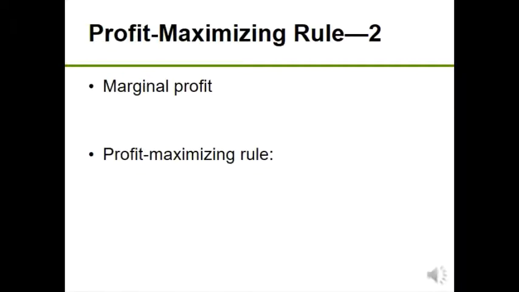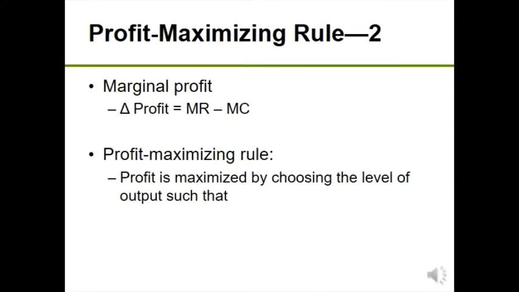So how do we get marginal profit? Well, if profit is just total revenue minus total cost, marginal profit is just marginal revenue minus marginal cost. It's the change in that profit from one unit of output to the next.